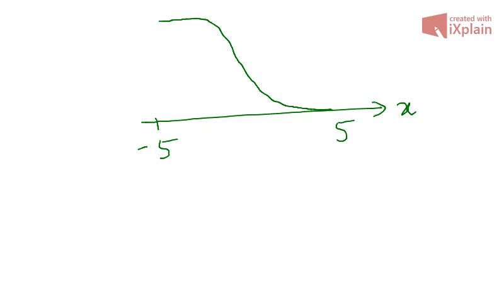If you observe it, somewhere here is your origin 0, and the value here is 0.5. The maximum value of this function Q(x) is 1, and the minimum value is 0. Theoretically, it should be 1 for x equal to minus infinity.